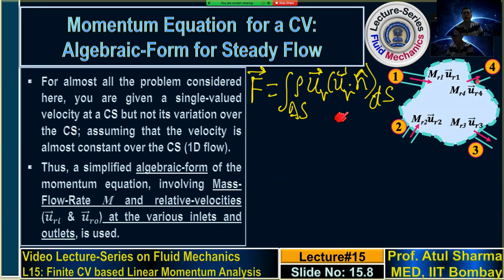So what we can do is, if this is not varying, it has a single value over the cross section. For this problem, you will have 4 surface integrals. First delta S1 for 1, delta S2 surface integral for 2, similarly for 3 and 4.